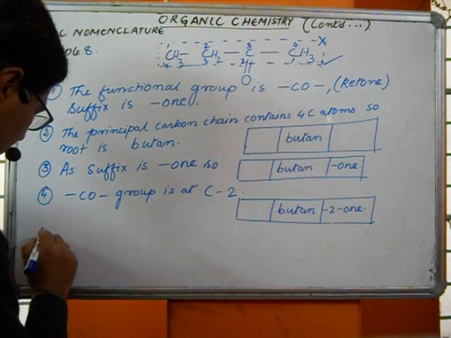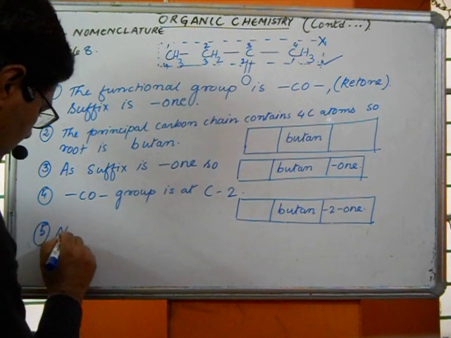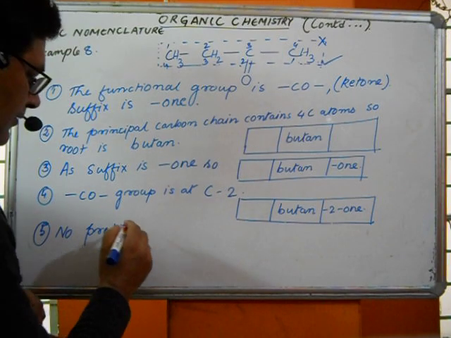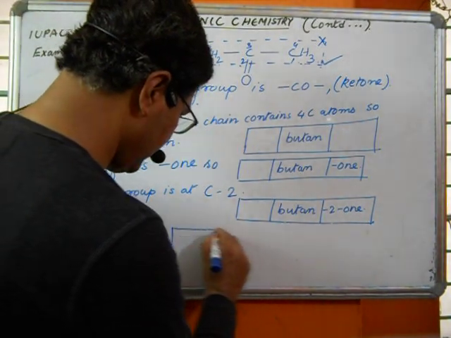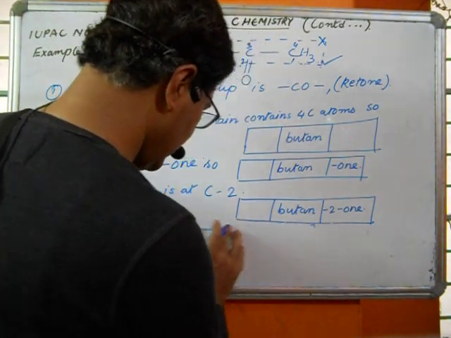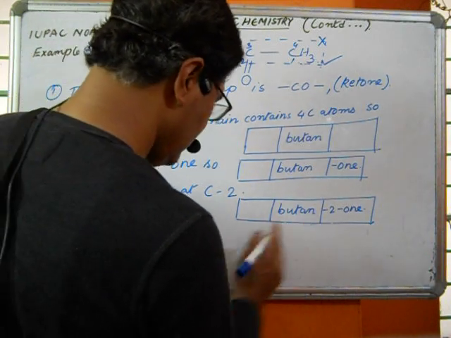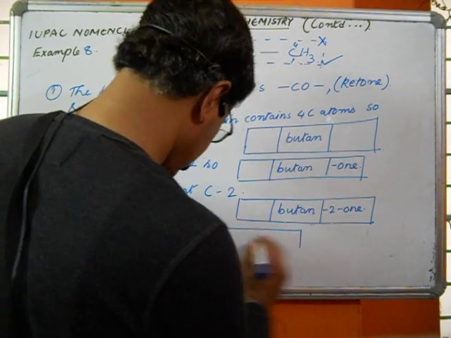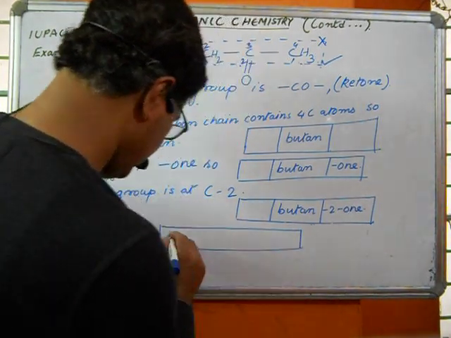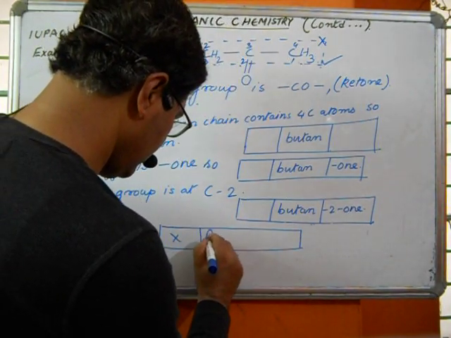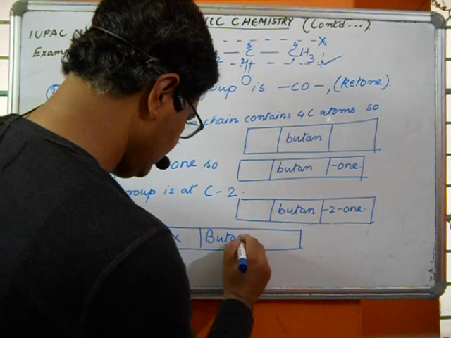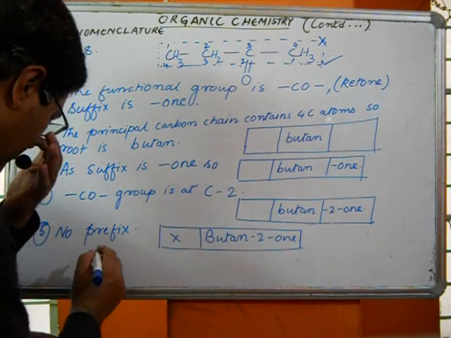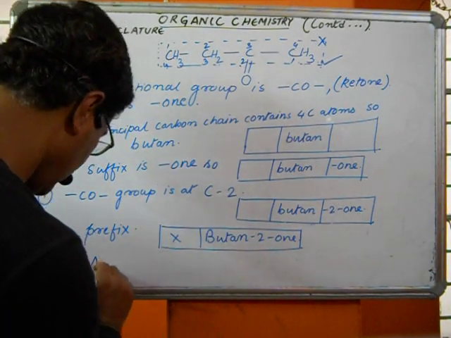No prefix available. So what will be the name of the compound? I already got the name of the compound. So no prefix available. So we can write down it is this: butane dash 2 dash one. So the name of the compound is butane 2-one.